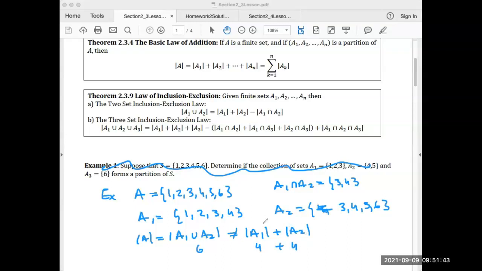If you just add them up, you're double counting the 3 and the 4, the overlap. So you have to subtract how many are in the intersection, the 2 common ones, so you don't double count them. Okay? Make sense?